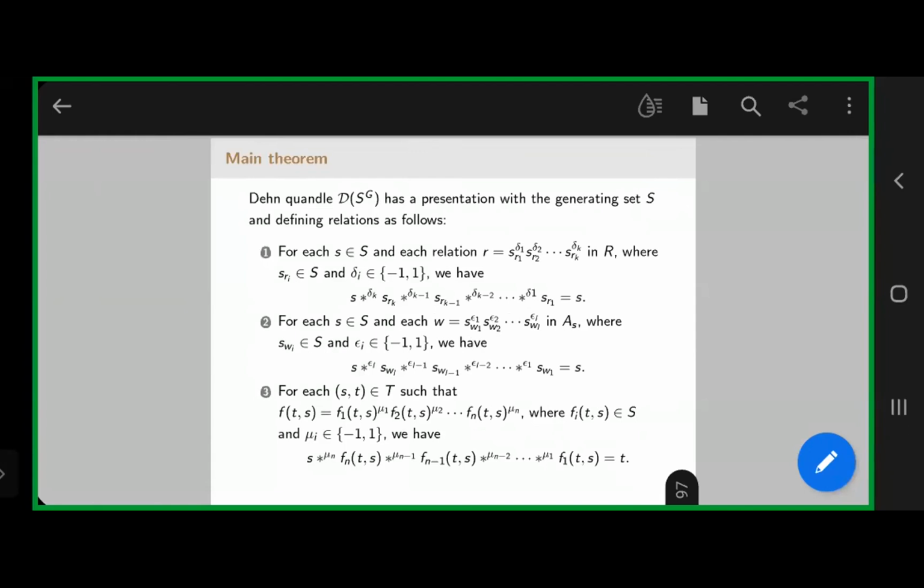The first one is whenever you have a relation in the group, you write it as a conjugation operation in the quandle, and it has to act trivially on S. By the way, whenever I'm not writing the brackets, this is always acting from the left, because this is a non-associative algebra. The second, you take the centralizer of x and every generator of the centralizer acts trivially on S. And third is to relate the conjugate elements.